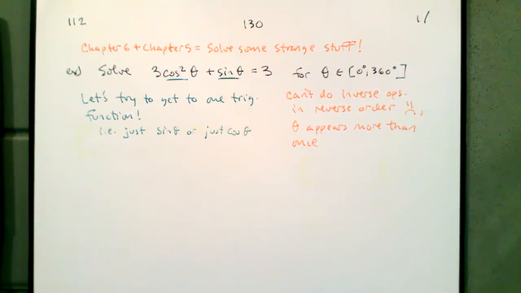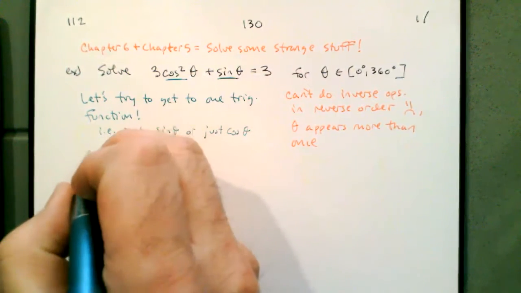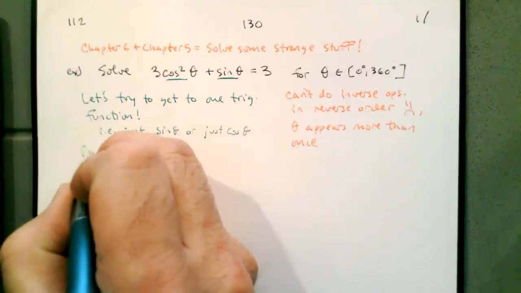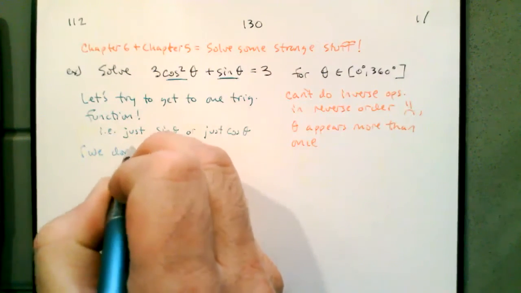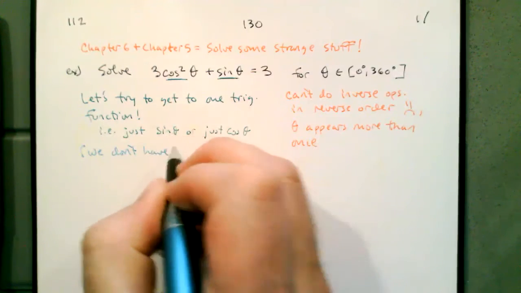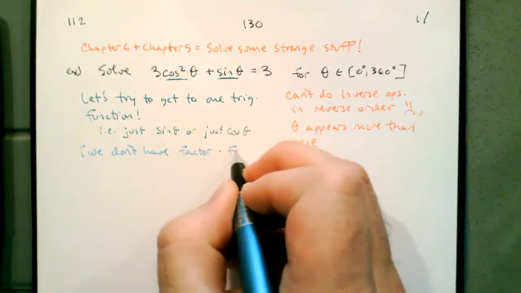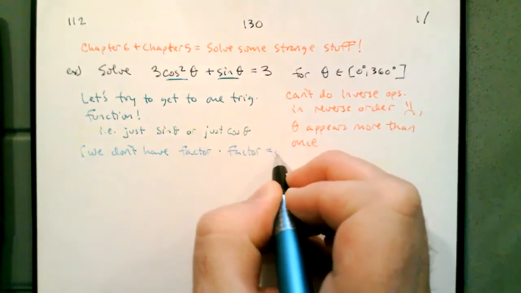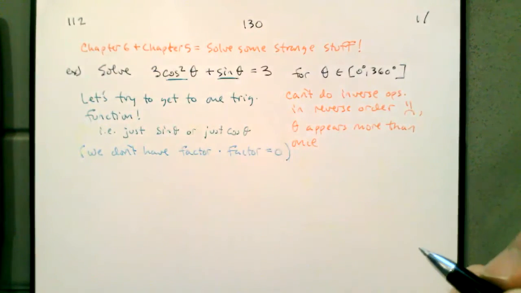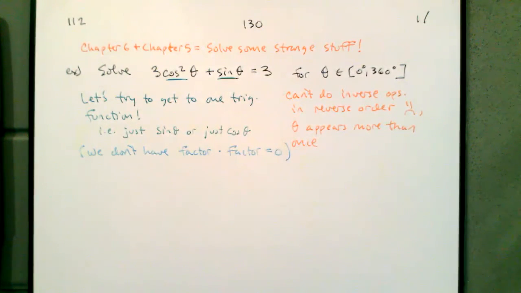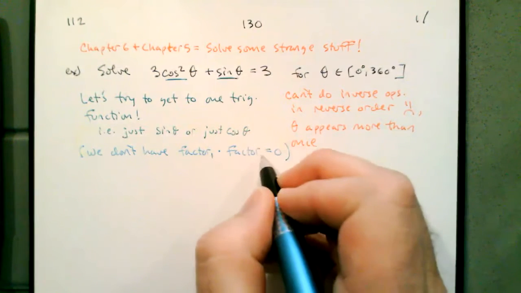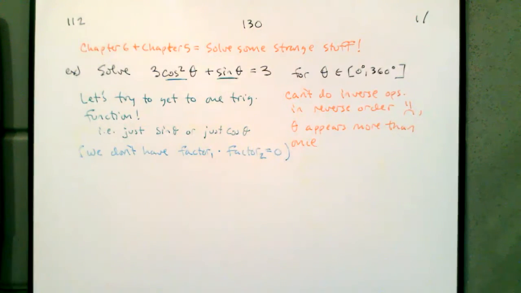So notice, we don't have factor 1 times factor 2 equals 0. We don't have a product that's equal to 0.